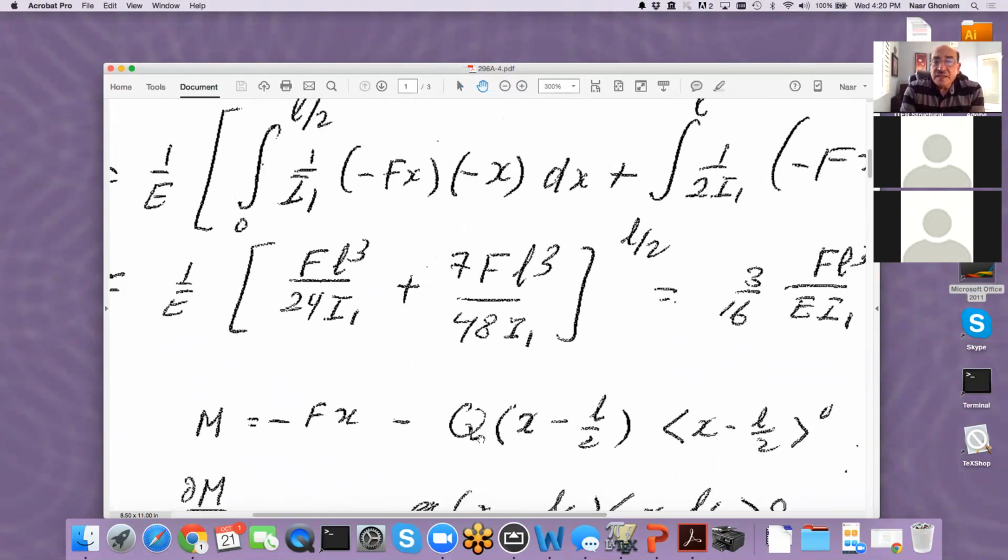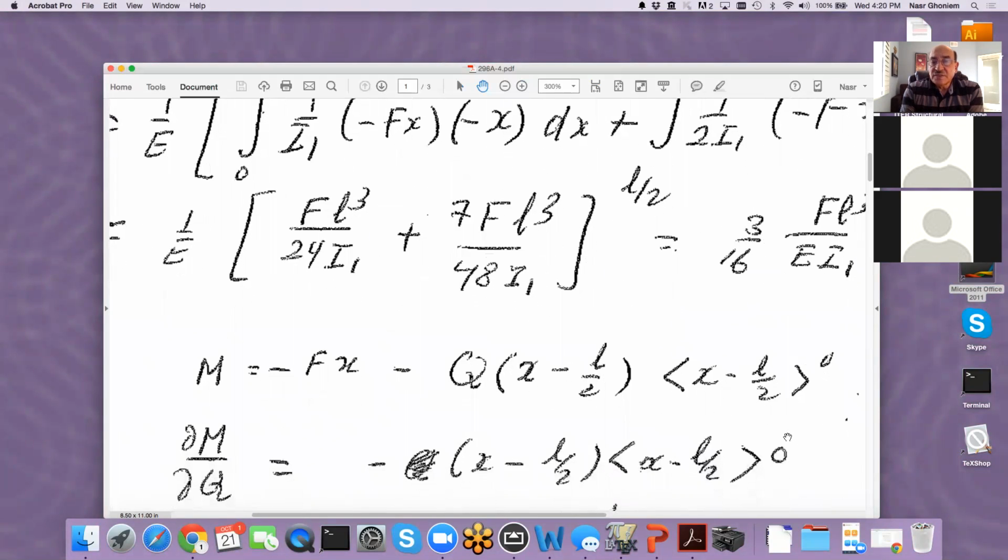And then I have the other second force is Q times its arm length, x minus L over 2. And then this term here is an activation of that at x equals L over 2. So we're activating the effect of Q at this position. So it is raised to the power 0 because it's like a step function.